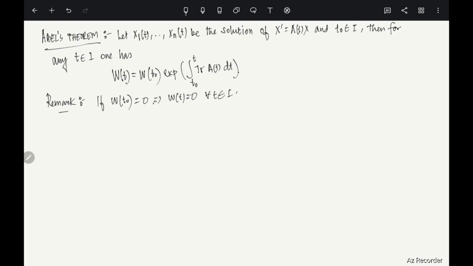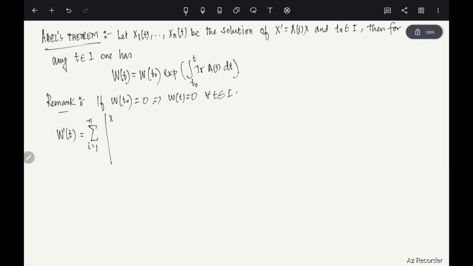So let's do that. If you remember, in the first week we talked about the derivative of a determinant function, right? You remember? So you see, the Wronskian is nothing but a determinant function. So W prime of t is nothing but a sum, you remember that we did it, right? From i equals 1 to n, row-wise, the derivative thing.